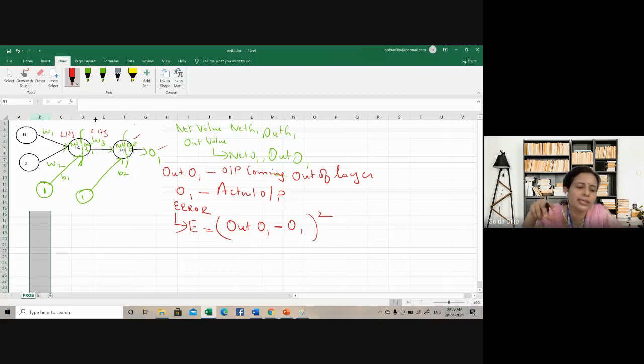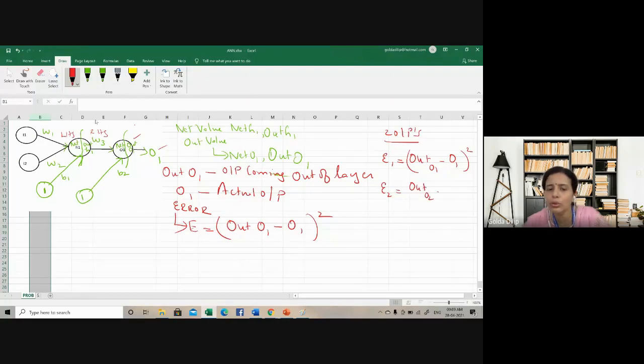So in case I have one more output, O2, what will be that case? In case I'm having two outputs, there will be two things, error 1 and error 2. Error 1 will be out O1 minus O1 the whole square, and error 2 will be out O2 minus O2 the whole square.